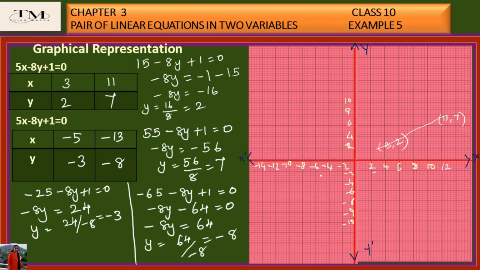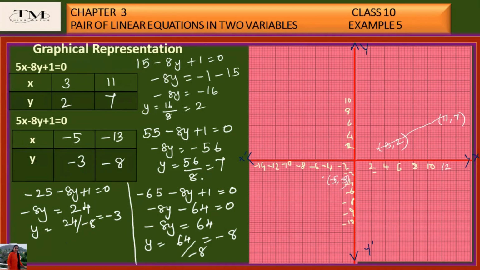Minus 5 will come this side, between minus 4 and minus 6. And minus 3 will come in between minus 2 and minus 4. So the point will be here. So this is minus 5, minus 3.